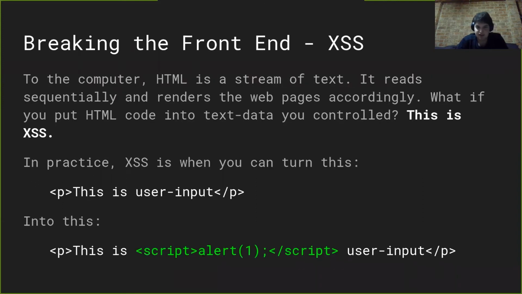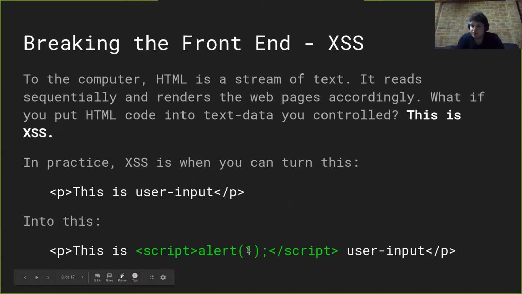So what does the XSS actually look like? Well, if you think about how HTML works, it's basically just a stream of text. Remember those text documents. It's read sequentially, and your browser reads it and then renders a web page accordingly. So what if you wanted to put JavaScript into your HTML? Well, you would use these script tags down here.